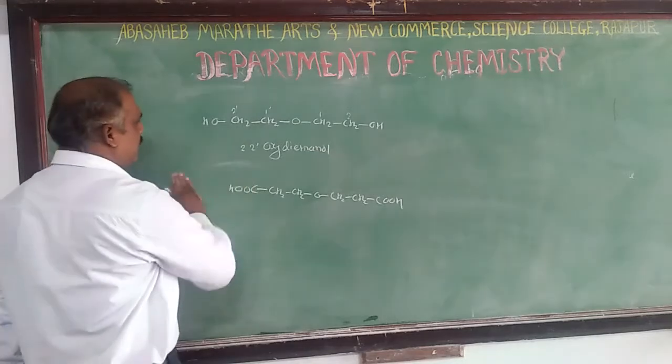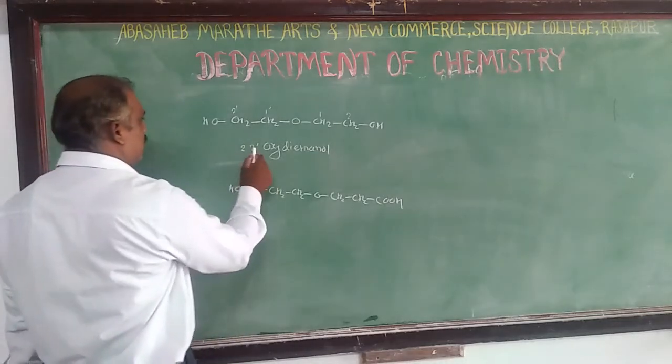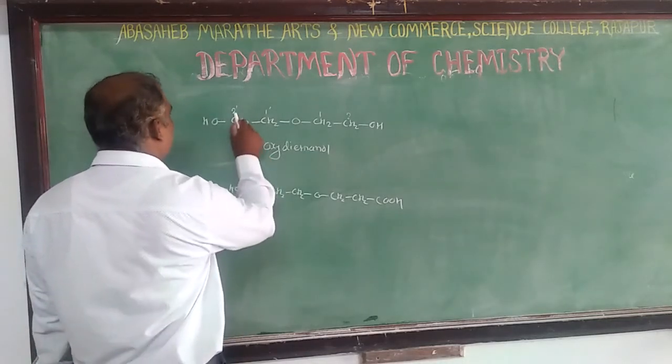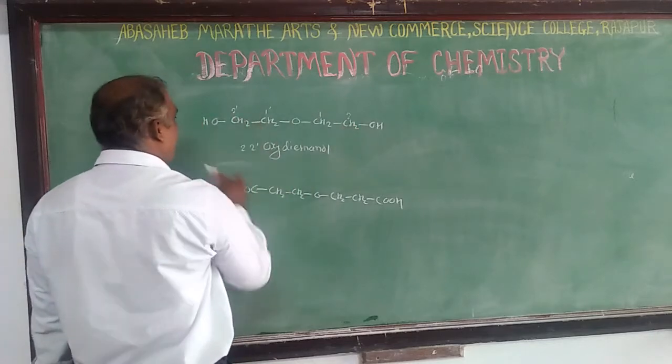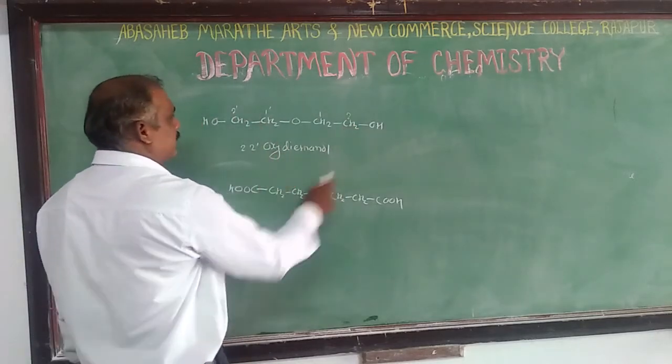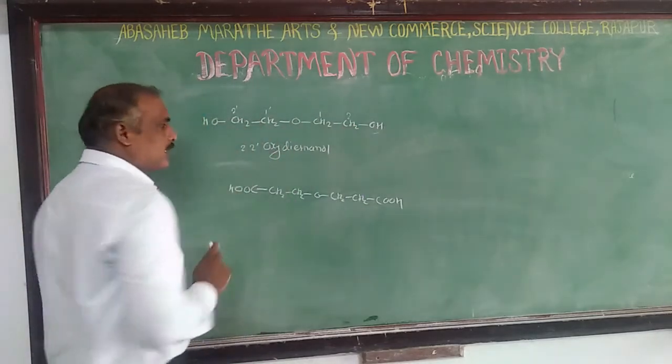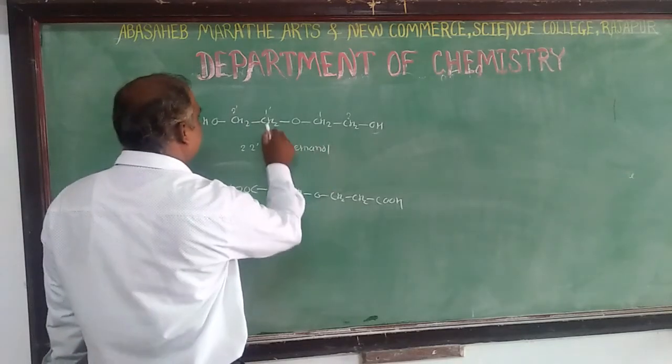So what is the correct name? The 2 and 2 dash are joined through an oxy group, so oxy diethanol.